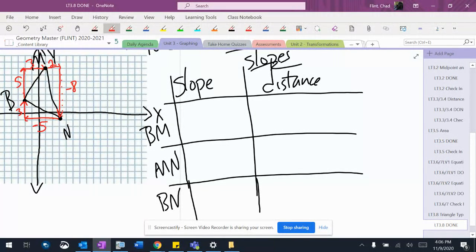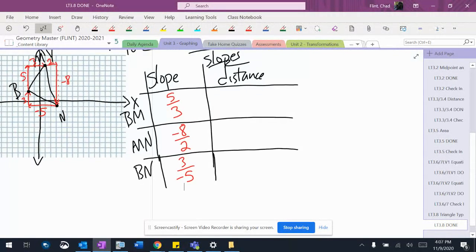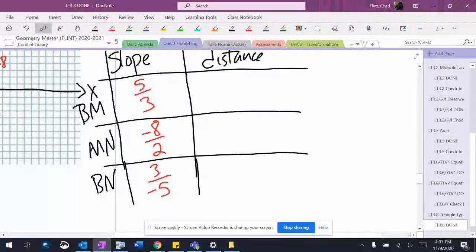Okay, so my slopes are rise over run. So BM is rise 5, run 3. MN is rise -8, run 2. And BN is rise 3, run -5. Okay, make sure that you get the rise on top and the run on the bottom. It's very easy to get those two mixed up, and then you have a whole different problem.